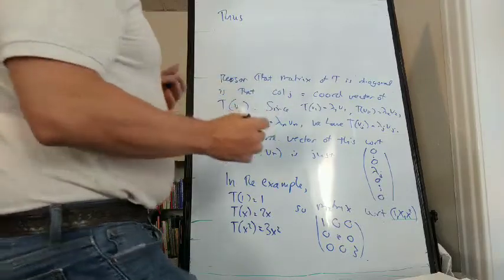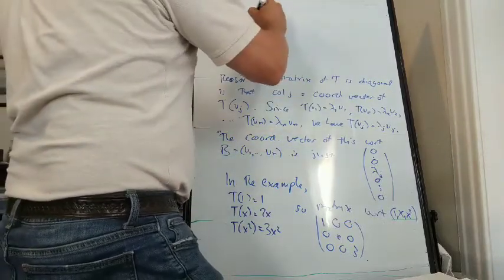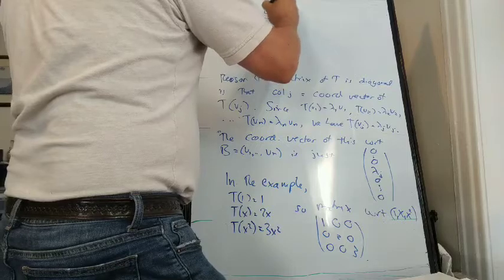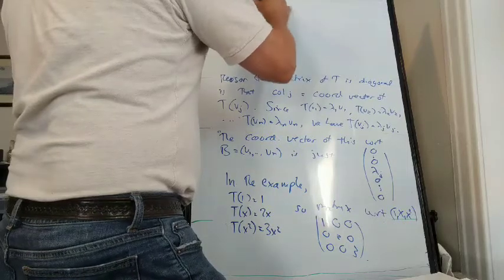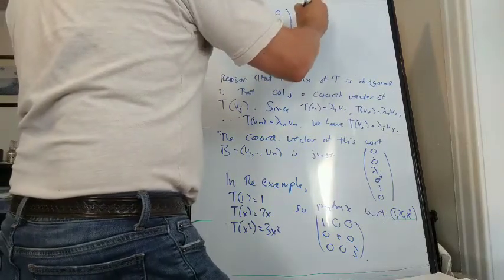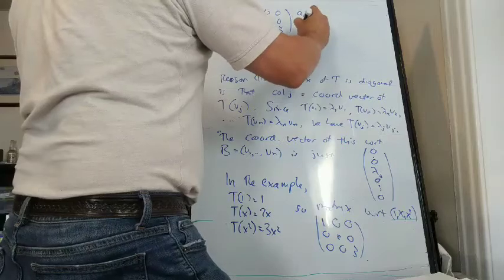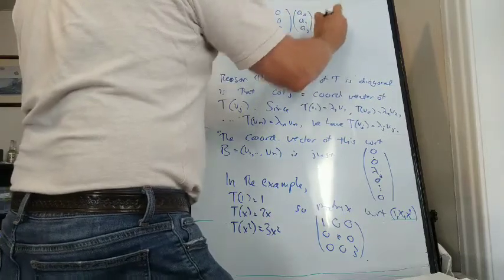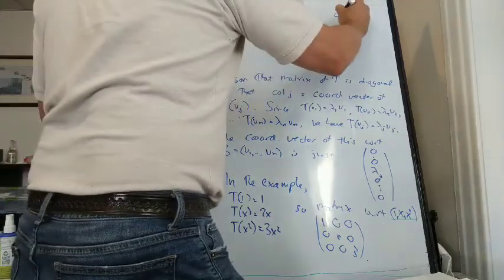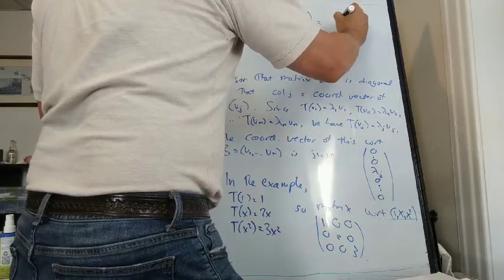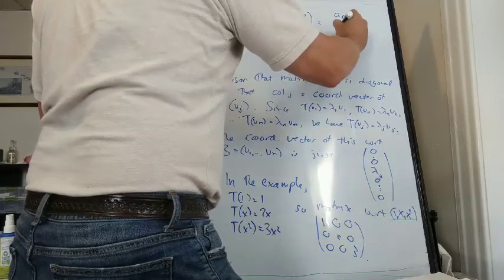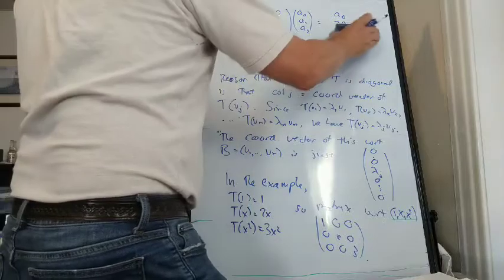So as I said, this is easy to multiply vectors by. If we have this matrix and we want to apply it to a0 plus a1x plus a2x squared, we just get a0, 2a1, 3a2.